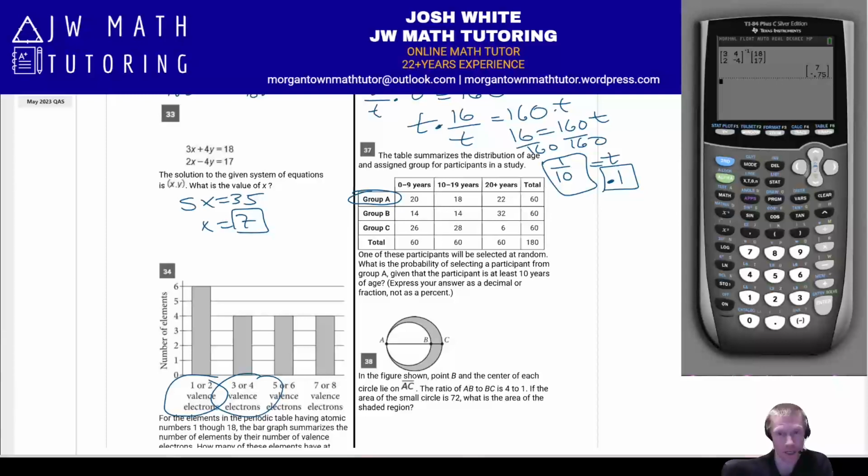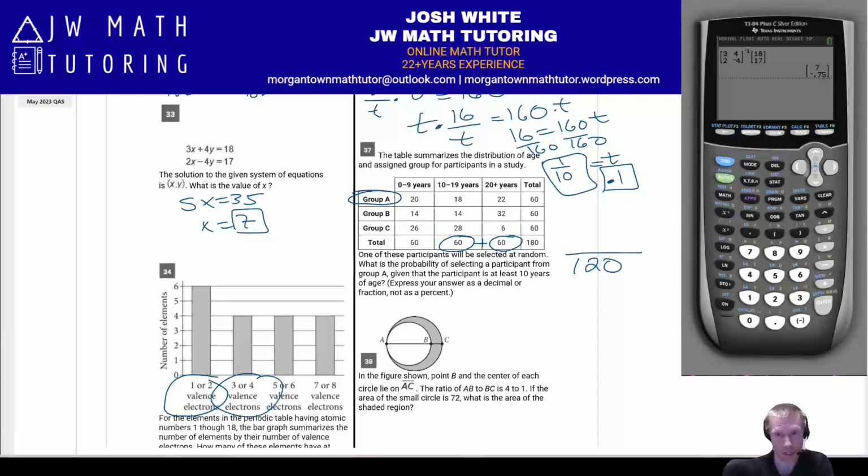So how many total participants are there who are at least 10 years of age? That would be all the participants that are 10 to 19 and all the participants that are 20 and older. So in our probability fraction, the total number of outcomes, i.e. total number of people to choose from, is going to be 120. So that goes in your denominator.